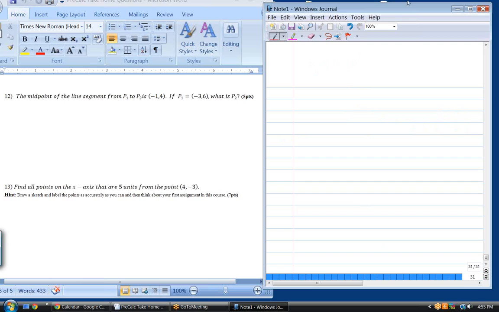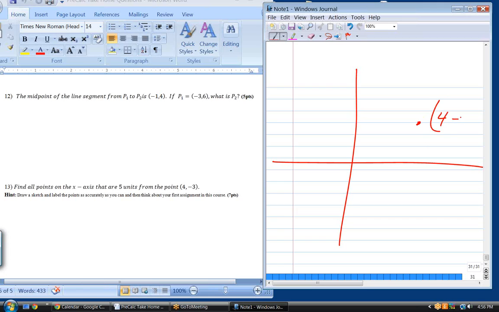One last problem. Find all points on the x-axis that are 5 units from this point. Well, let's plot this point. Whenever I plot these, I don't ever take the time to grid it. It's a waste of time.